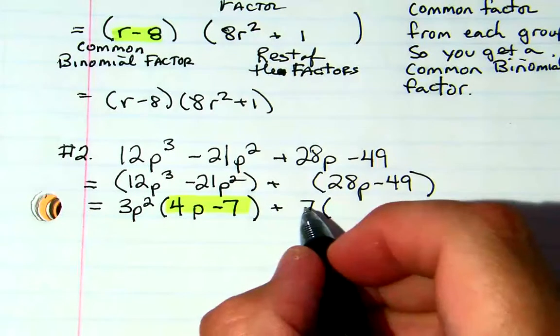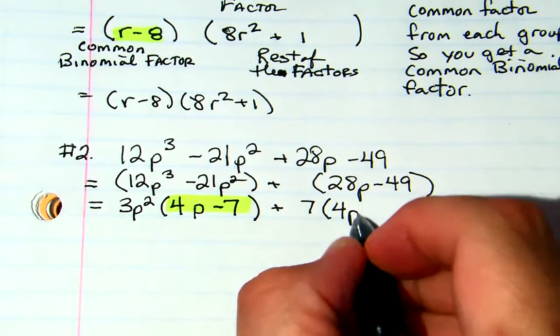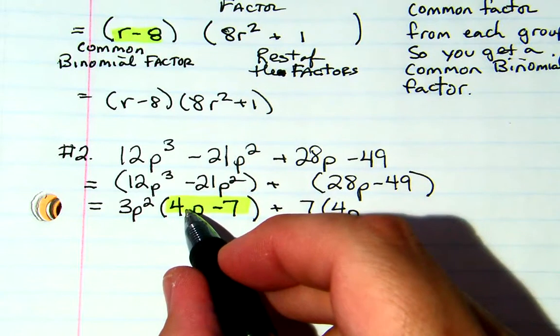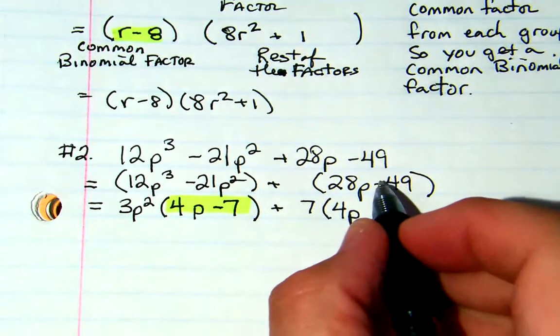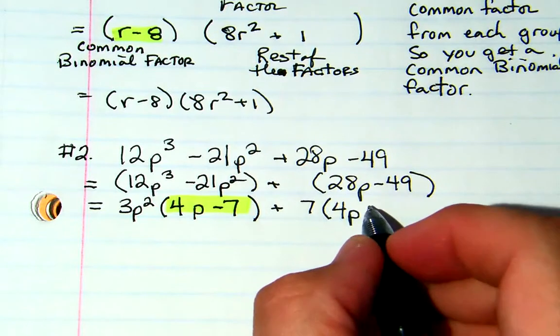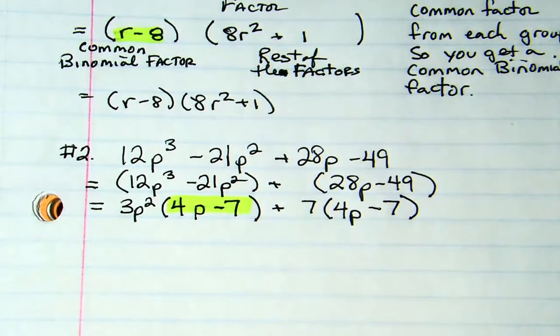So 7 times what gets me to 28? 4. So that's a 4p. That works because that's what I wanted to get. And then minus 49, 7 times what gets me to 49? 7. Is that the common binomial?